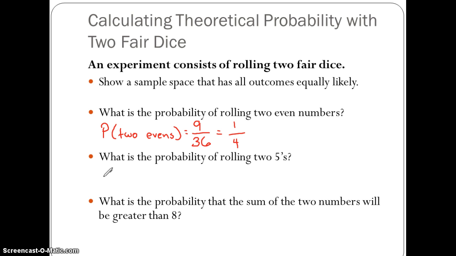Now I want you to use that sample space to find the probability of rolling 2 5s, and then the probability that the sum of the two numbers will be greater than 8. So the sum is greater than 8. Again, use that sample space we just did.